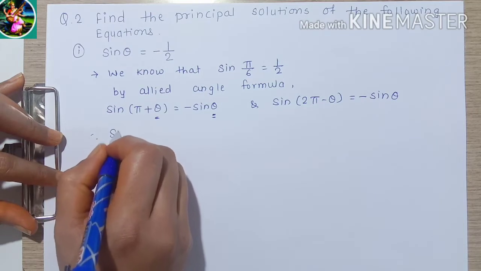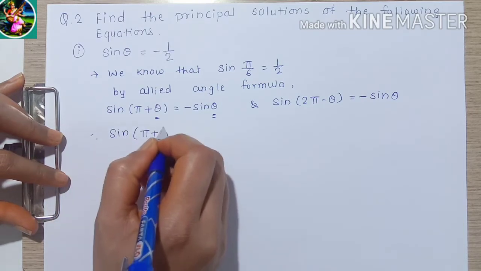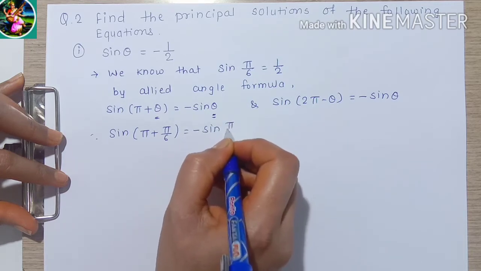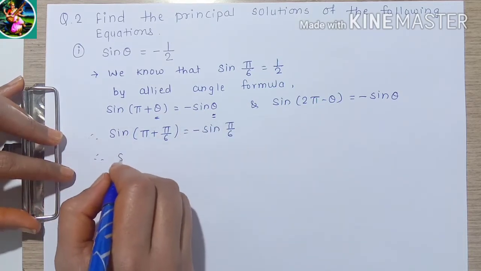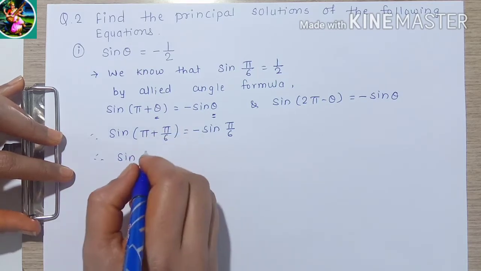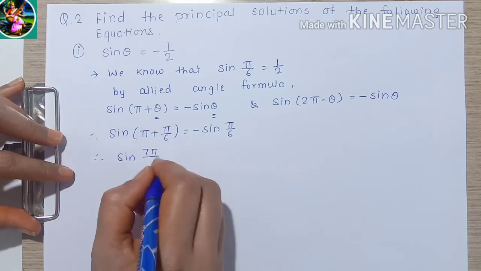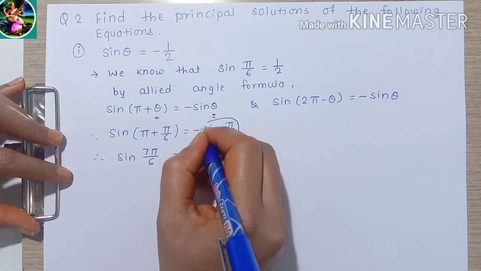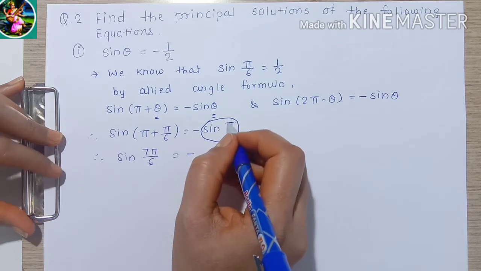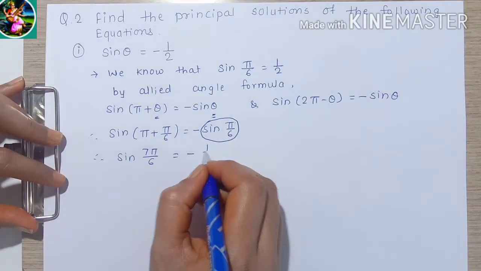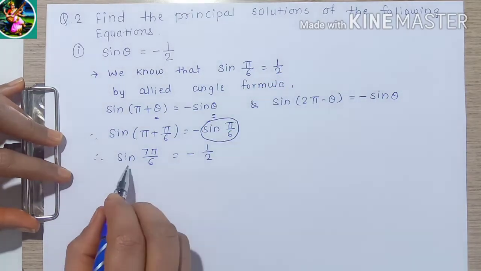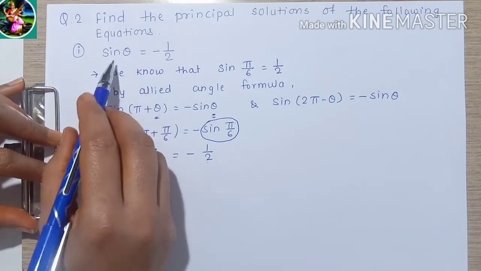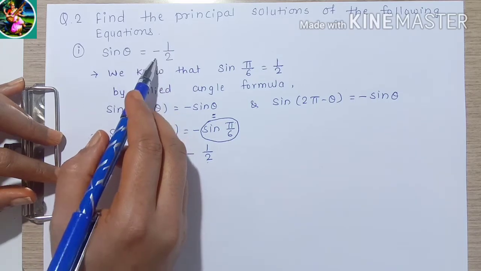Therefore, here we get sin of pi plus pi by 6 is equal to minus sin pi by 6. Therefore, after cross multiplication, here we get sin of 7 pi by 6 is equal to minus of the value of sin of pi by 6. That value of sin of pi by 6 is 1 upon 2. Therefore, here we get sin of 7 pi by 6 is minus 1 upon 2. Here given sin theta is minus 1 upon 2.